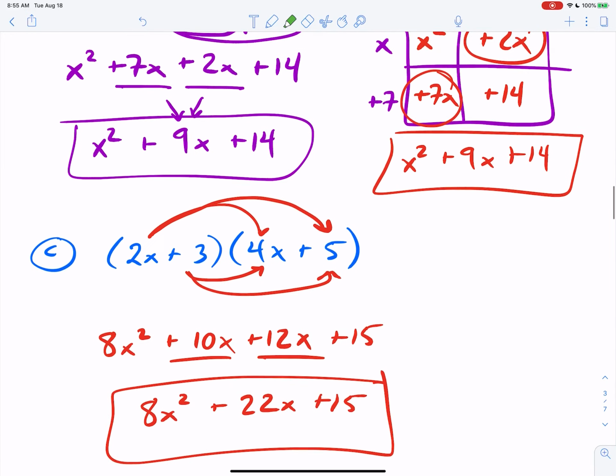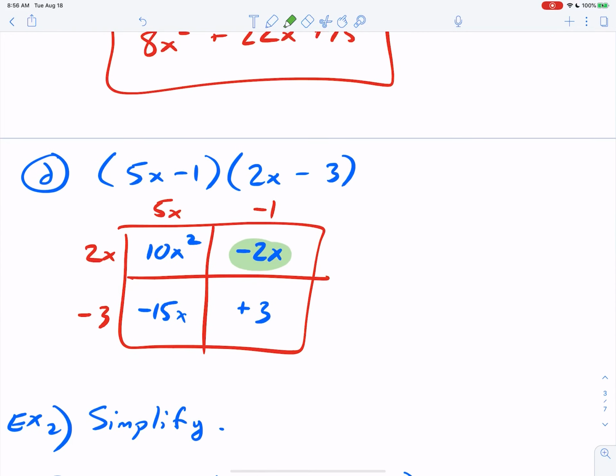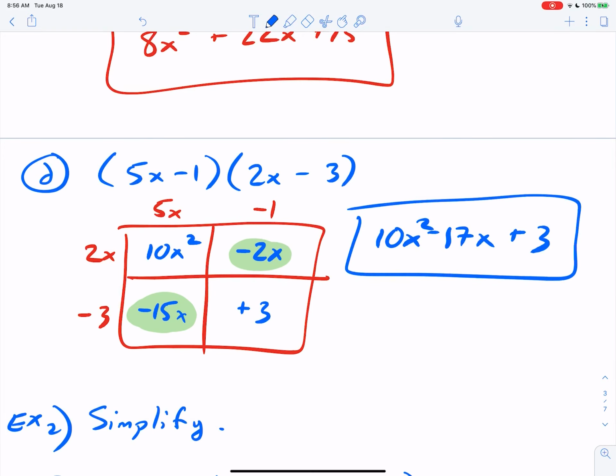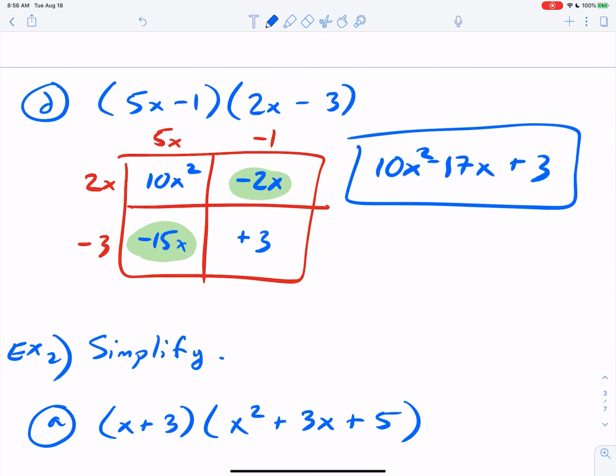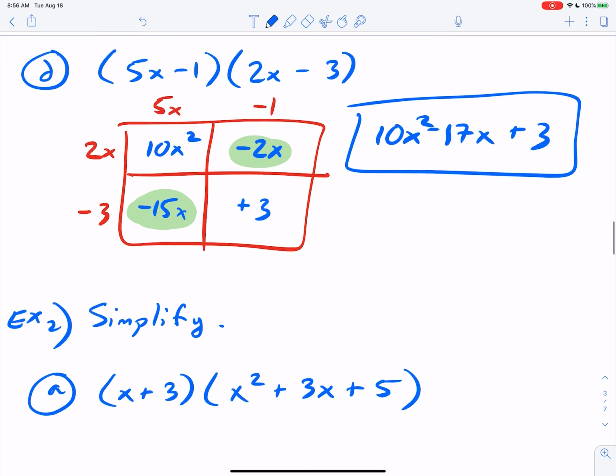So I noticed that these two linear terms right here in this case can be combined. Negative 15x plus a negative 2x, same signs we're going to add. That becomes negative 17x's. I have a 10x squared, and I have a positive 3. Okay? Again, replay it or text me if you have questions, okay?